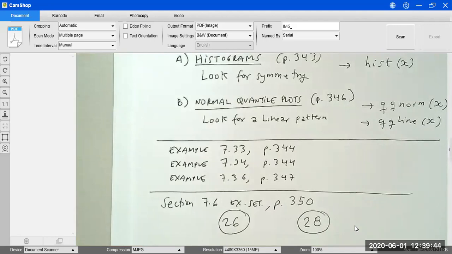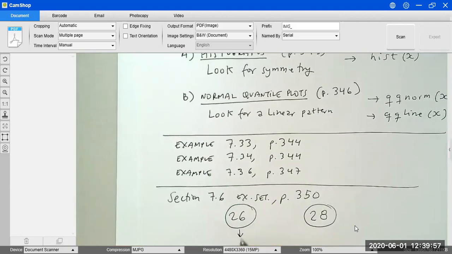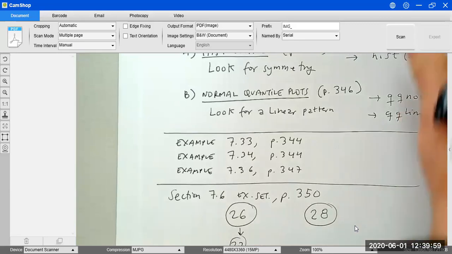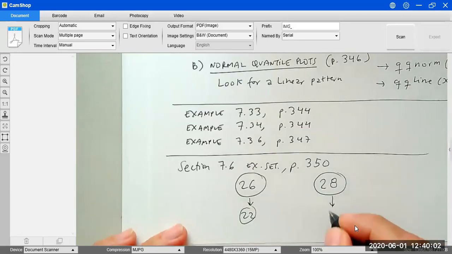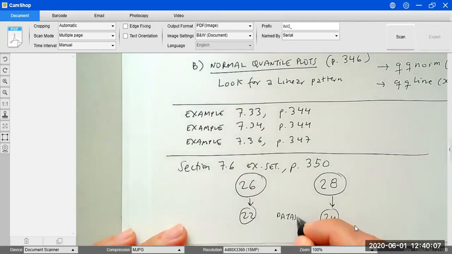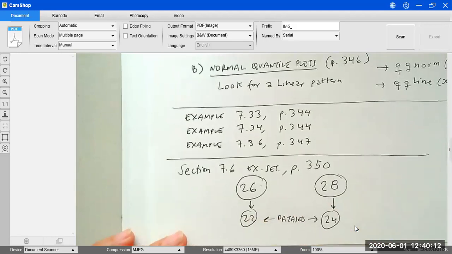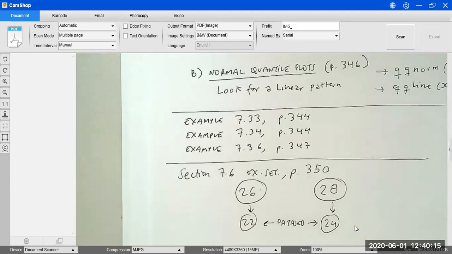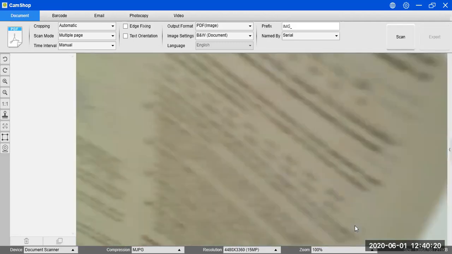Those problems are based on data sets that are given in different problem numbers. For problem 26, the data set is in problem 22, and for the other, you need to check problem 24. So you're going to solve 26 and 28, but you need to use the data sets given in 22 and 24.